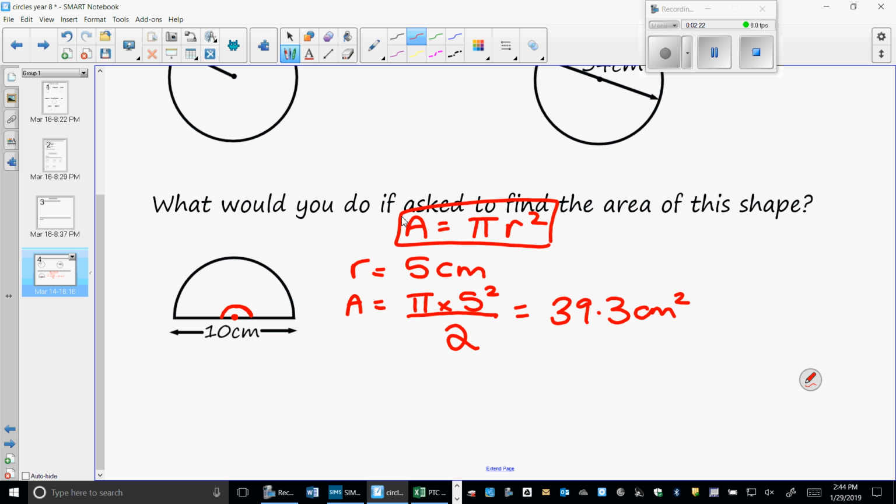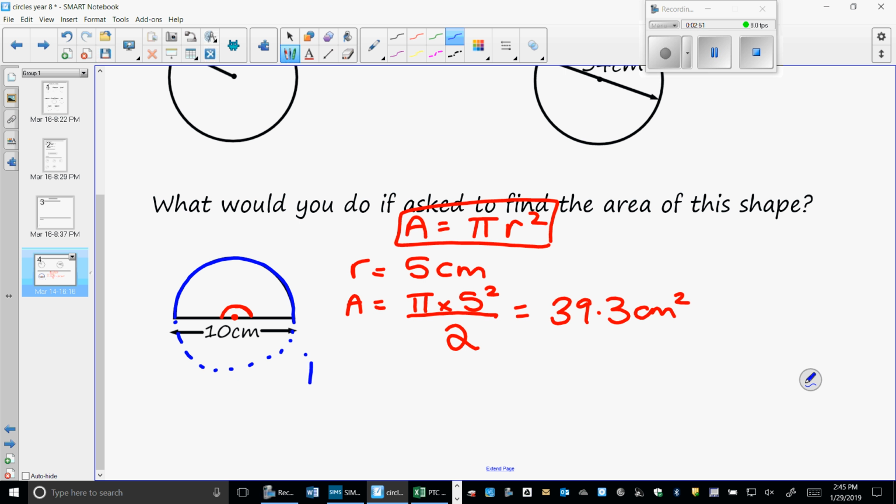Now, what we have to think about here is that if we were talking about the perimeter of just a straightforward circle, it would, as Sarah just said, be the same as the circumference. But this is only half a circle, so the circumference of a circle would give me all the way around, but I only have half of that.